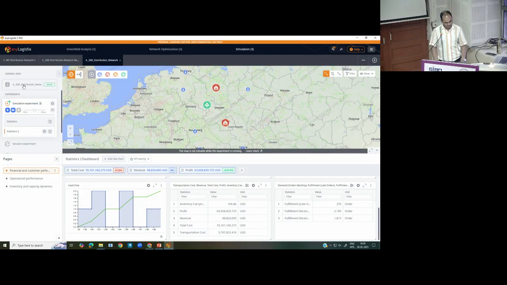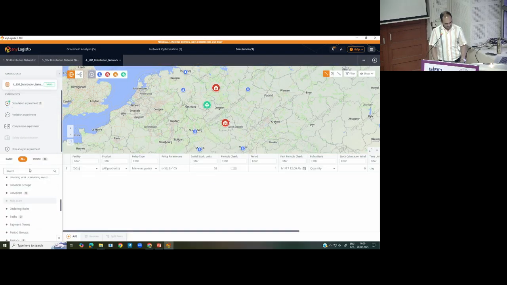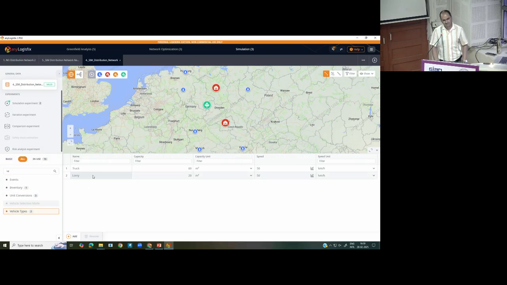So let's go to our model, and see the vehicle types. What happens if you reduce the vehicle capacity here? Demand is 50 products per day. If you convert into volume, the lorry's capacity is higher than if you combine all three products, so that's why they are trying to reduce the capacity of that lorry, so that it will help them reduce the transportation cost, FTL policy.